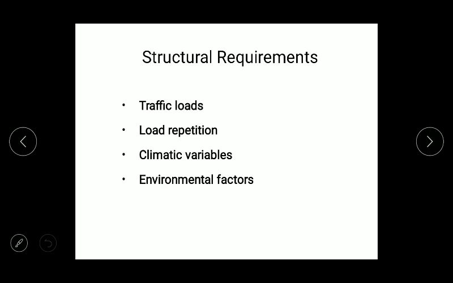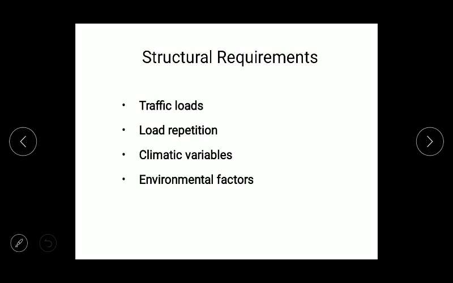As I said, the pavement is used by road vehicles, and it should meet all the requirements, whether structural or functional, so that the vehicles will move at a design speed with a good riding comfort.